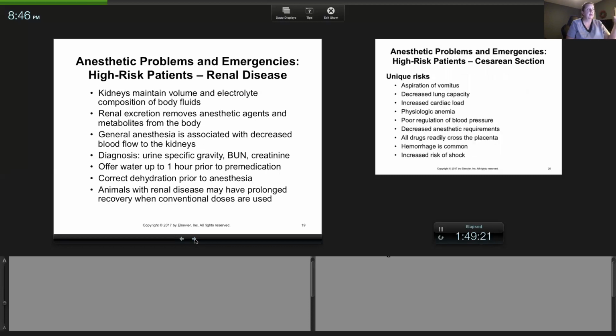And then kidney disease or renal disease. Kidneys maintain our urine volume, they regulate electrolytes, and they regulate our fluid volume. Because remember, fluid balance is maintained at the kidney level. Now, most drugs get metabolized and broken down. Think about this. The liver breaks them apart into pieces.